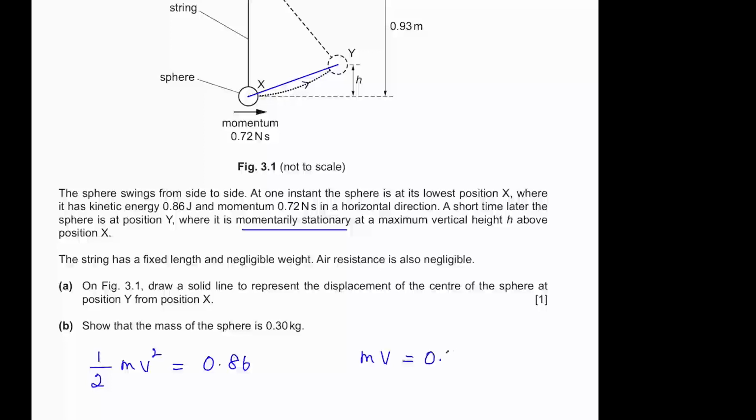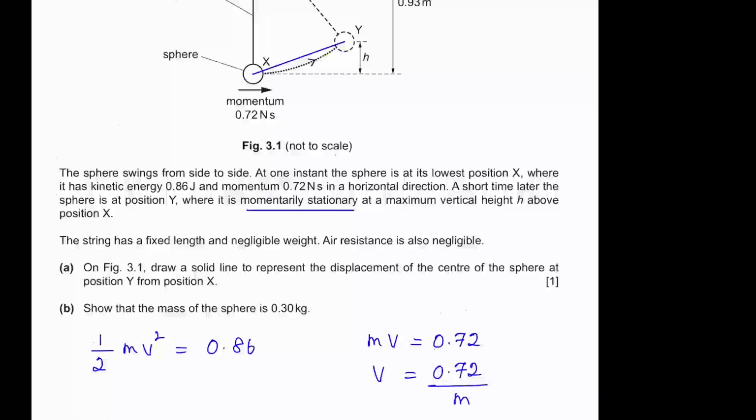That is 0.72. Am I right? Agree? Look at this. If I get the v subject from here, that is 0.72 over m. Bring it and substitute it here.